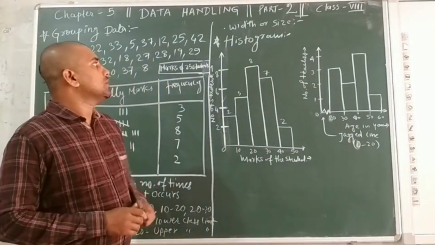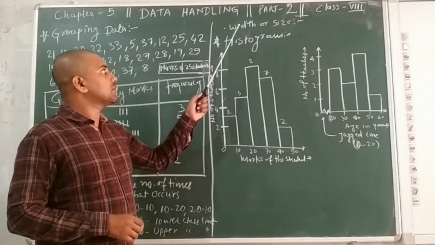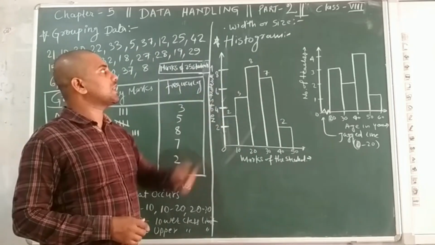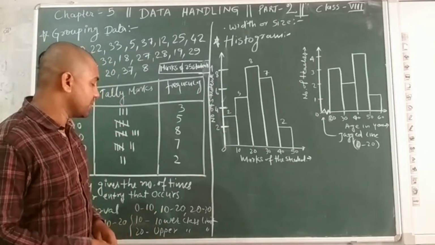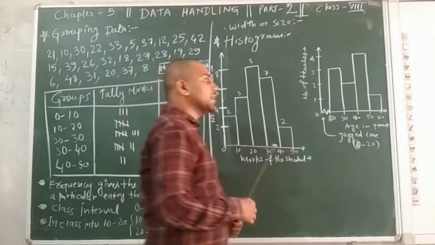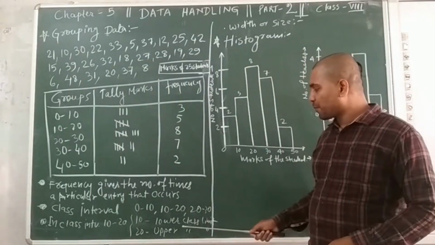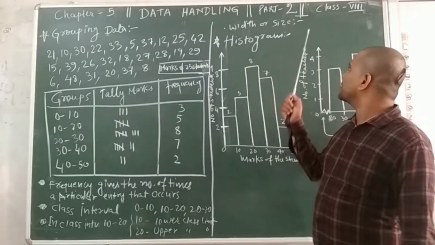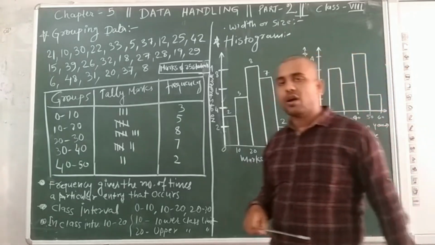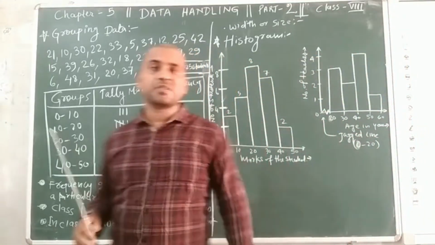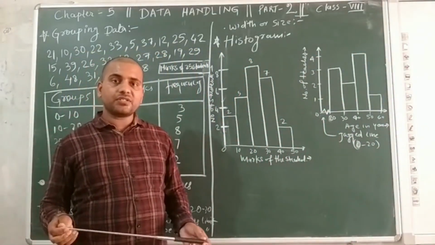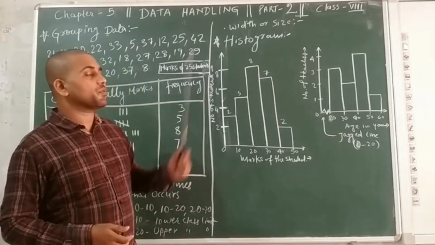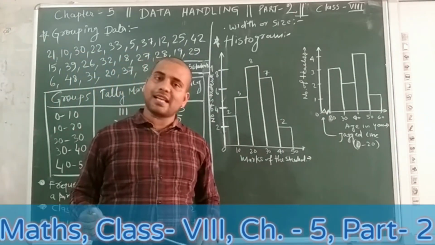Our new topic is width or size. What is width or size? Dear students, the difference between the upper class limit and the lower class limit is known as width or size.